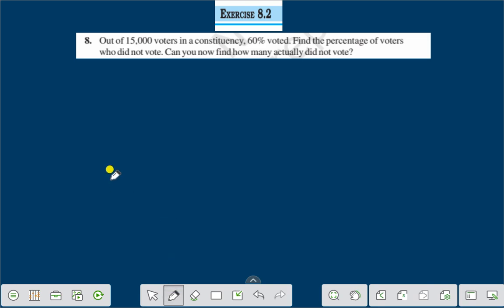Here it is given that total voters is equal to 15,000 voters.